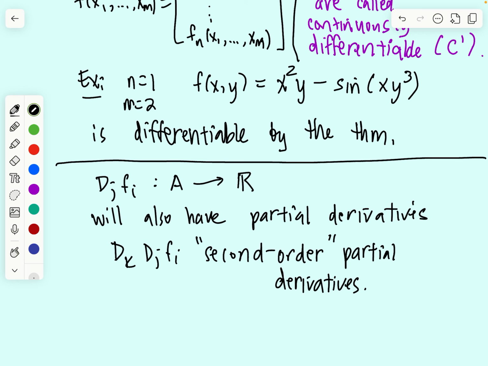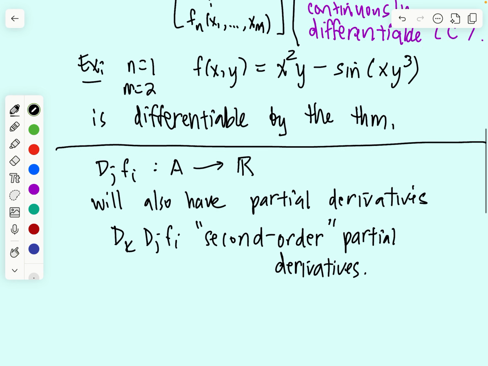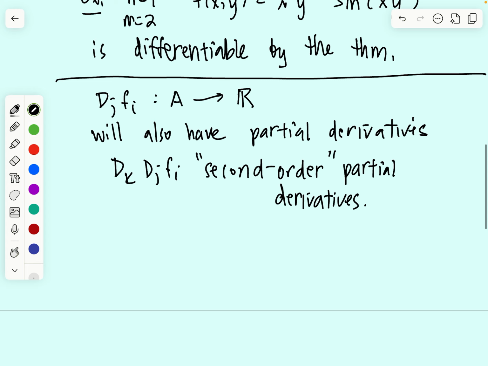And of course, those second order partial derivatives themselves will have partial derivatives, just like when you have a function of one variable, right? You can have the first derivative, second derivative, third derivative. When you have functions like this, they're going to have first order partial derivatives, and then those partial derivatives are going to also have partial derivatives, so that gives you second order partial derivatives, then you get third order partial derivatives, and so on.